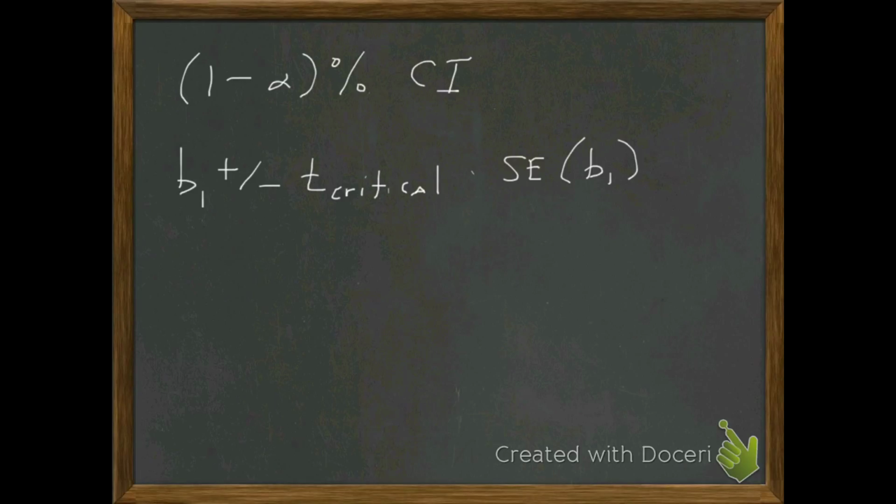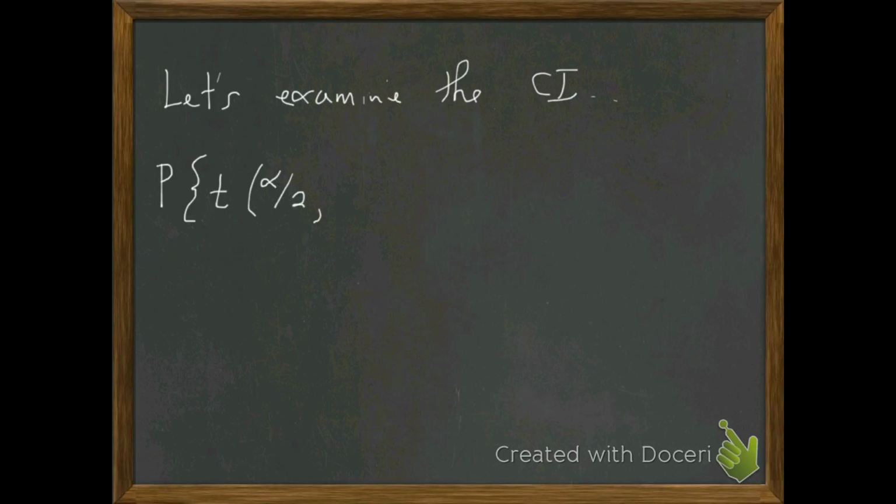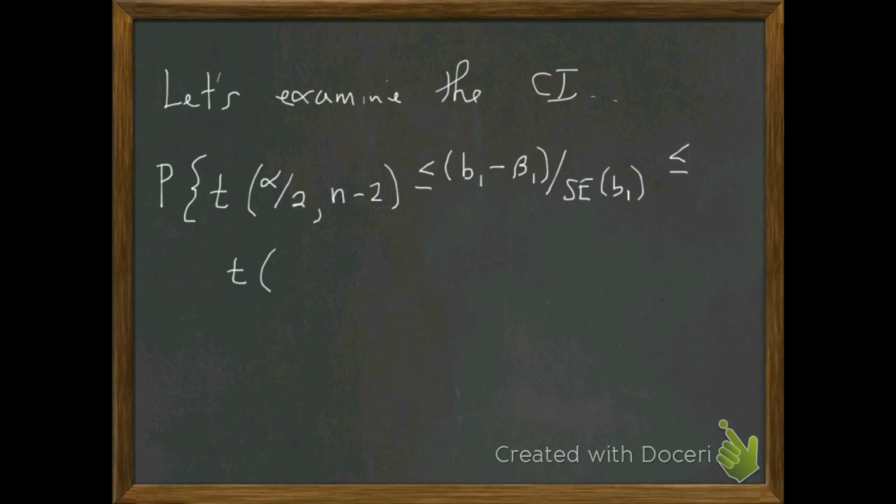Now let's examine this a lot more. Let's examine the confidence interval. So if we look at the probability of t of alpha over 2, given n minus 2 degrees of freedom, and we want that less than our test statistic, B1 minus beta 1 divided by the standard error for B1, to be less than t of 1 minus alpha over 2, n minus 2.